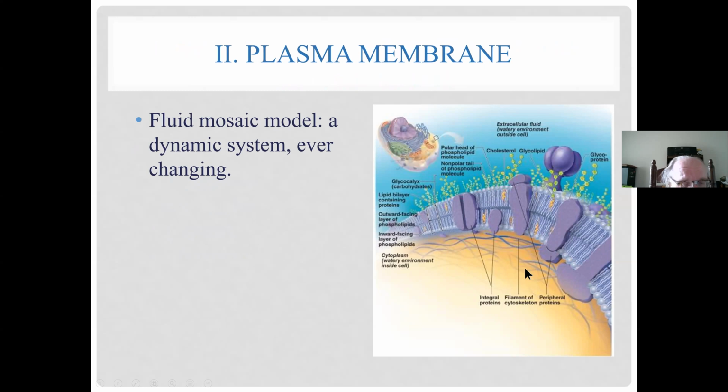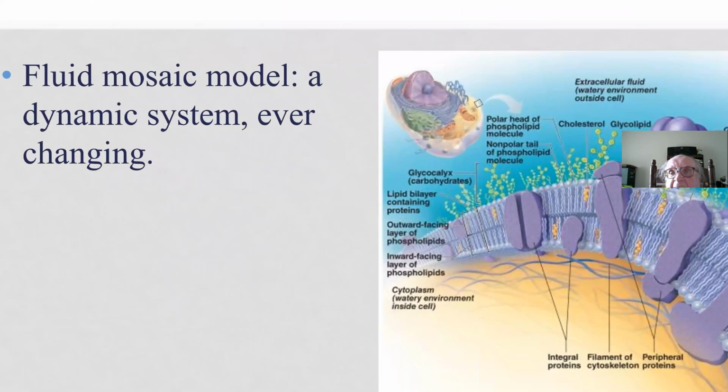The plasma membrane is an individualized structure. When we studied lipids last time, the first one we studied was triglycerides. Okay, triglycerides were a glycerol backbone with 3 long-chain fatty acids. We then discussed phospholipids.